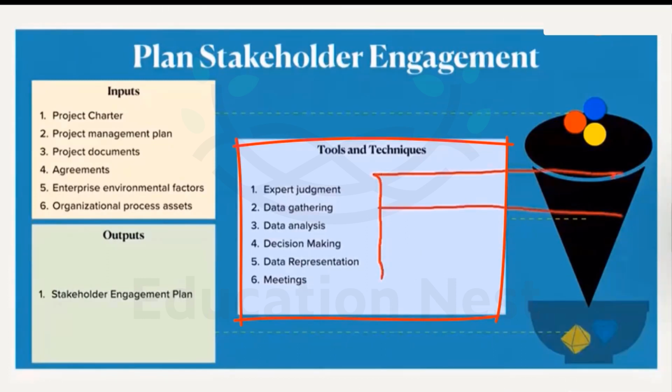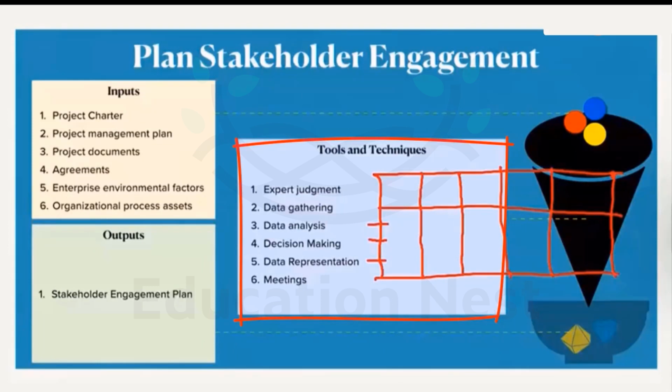So we have stakeholder 1, stakeholder 2, stakeholder 3, for example, and then we have 5 stages of engagement. The first stage, second stage, third stage, fourth stage, and fifth stage. In the very first stage, we have unaware. He is not aware of what is going on in the project. The last, we have leading, right? He is maximum engaged. So the stakeholder 1, is he here or is he here?